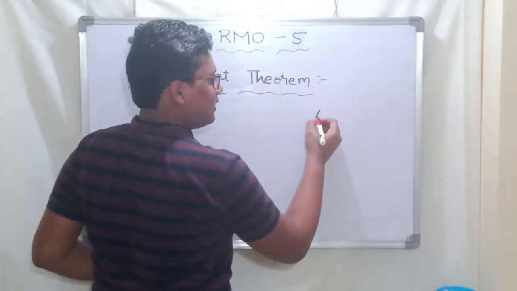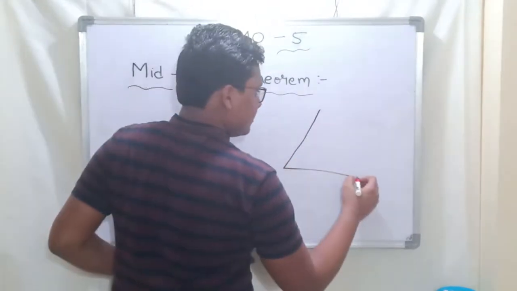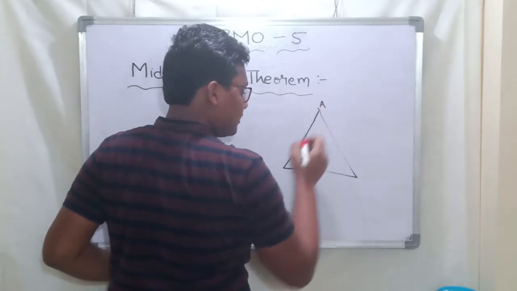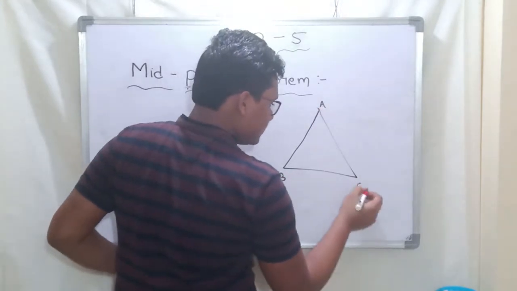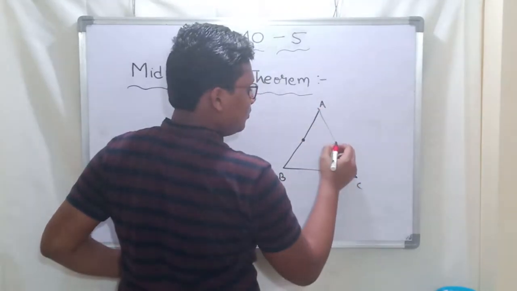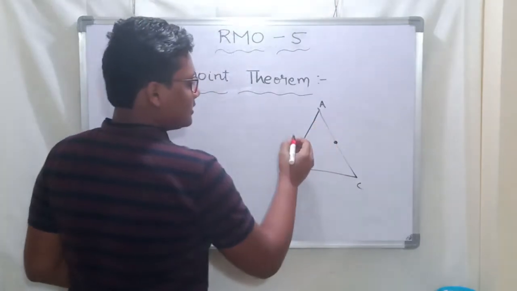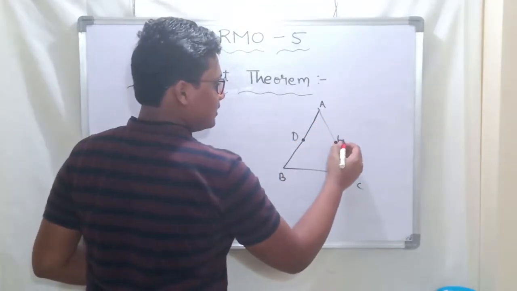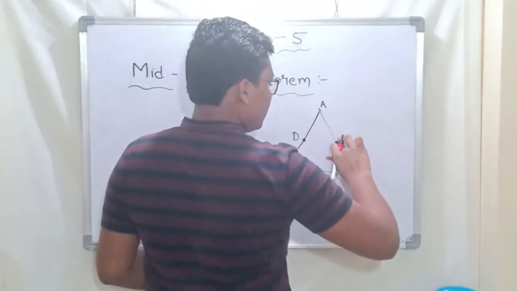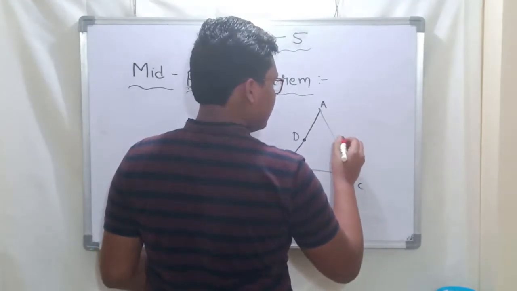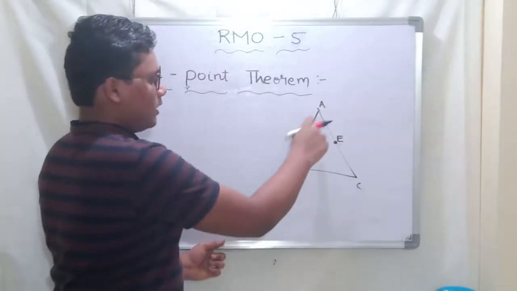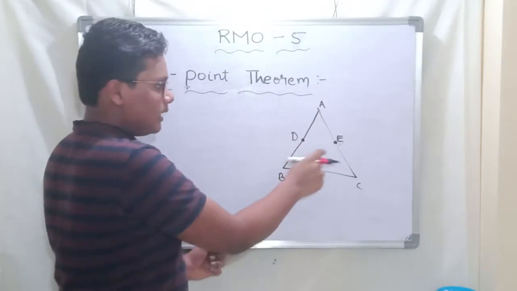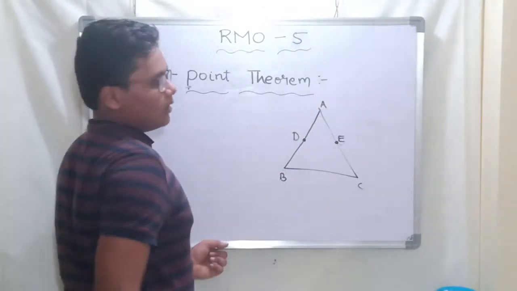Midpoint theorem: if we take a triangle ABC, and these two are midpoints, this is D and this is E. D is the midpoint of AB and E is the midpoint of AC.